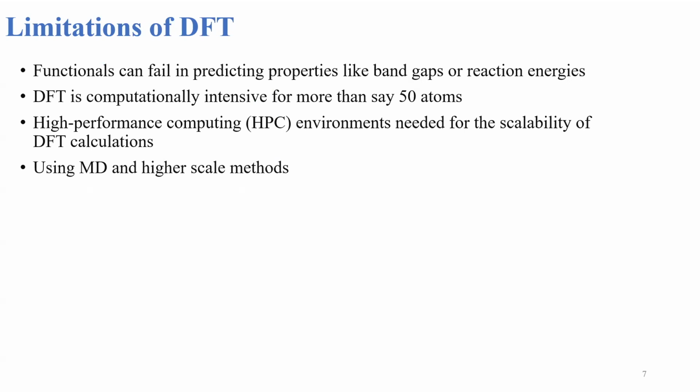When you have hundreds of atoms, we are dealing with numerous electrons, and it becomes intractable to compute properties, and that's why it becomes very expensive. And this is why we have to learn about high performance computing, which we'll also discuss in previous modules, to tackle this large scale simulation using DFT.